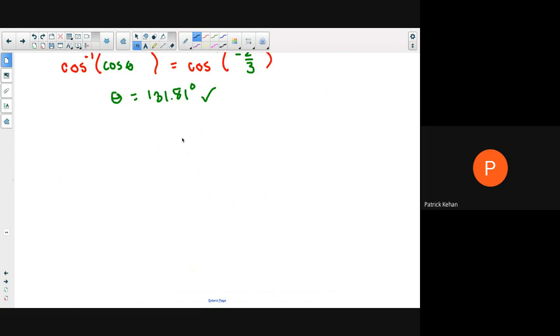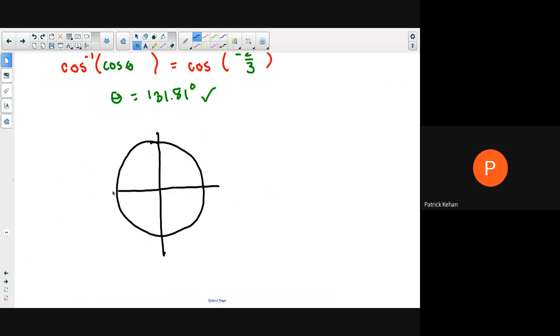All right, so let's look at the circle. I'm going to sketch a 131-degree angle here in the second quadrant. So I'm probably going to terminate right around here. This is the angle that we just identified, 131.81 degrees. And now I'm going to look at the reference angle here, right?